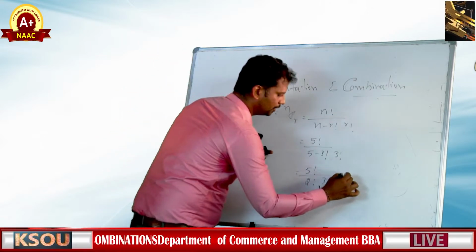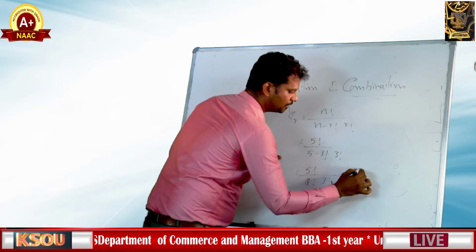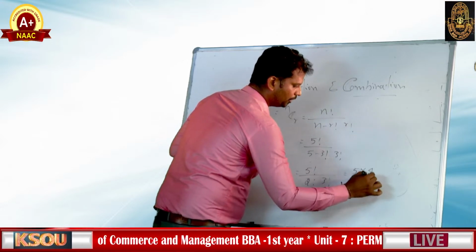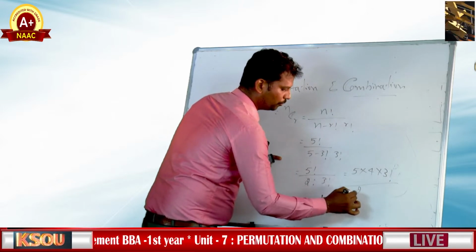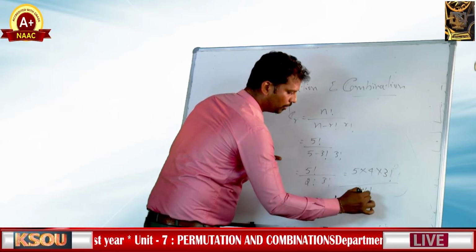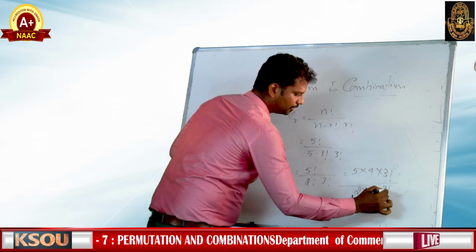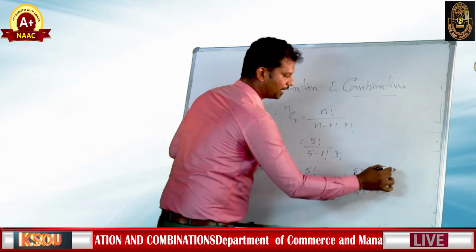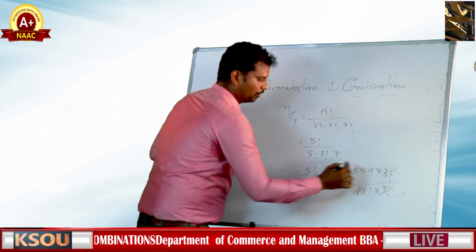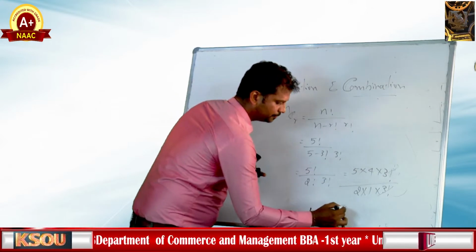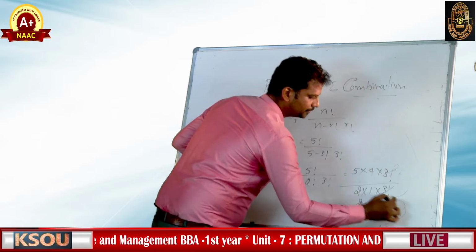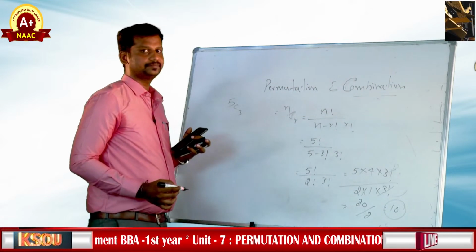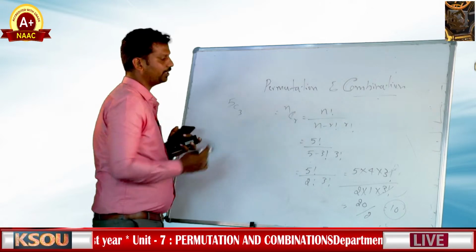You can write 5 factorial as 5 into 4 into 3 factorial, divided by 2 factorial, which is 2 into 1, into 3 factorial. The 3 factorial will be cancelled. 5 into 4 is 20, divided by 2 is 10. So this is how you simplify the combination.